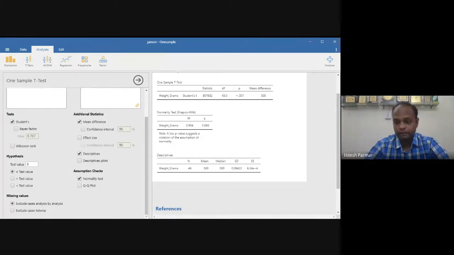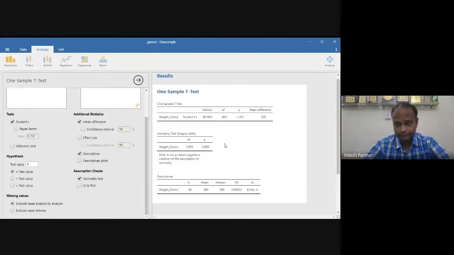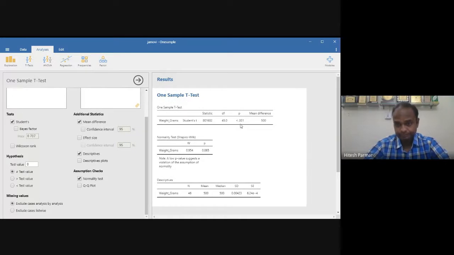Then our null hypothesis. The p-value is less than 0.001 here. So what can we interpret? As the p-value is less than 0.05, what can we say about the null hypothesis?